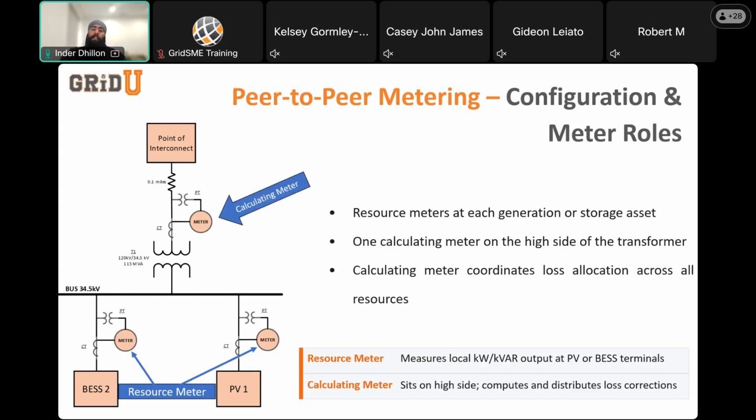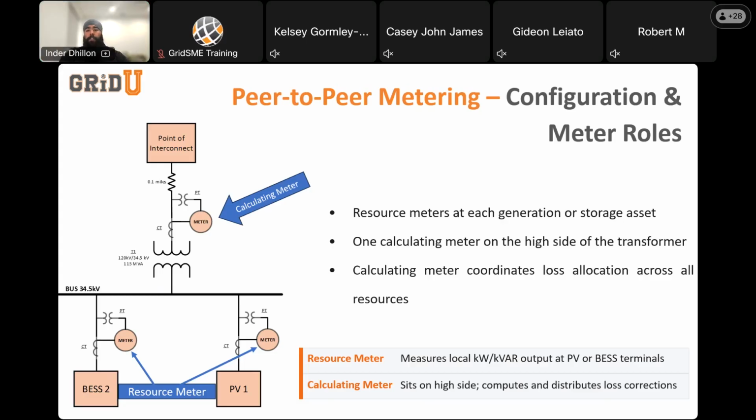Second, and this is the critical part, it uses that data along with the readings it receives from the resource meters to calculate how transformer losses should be allocated across resources. And the allocation isn't equal, it's proportional to each resource's contribution to the total site output at any given moment.